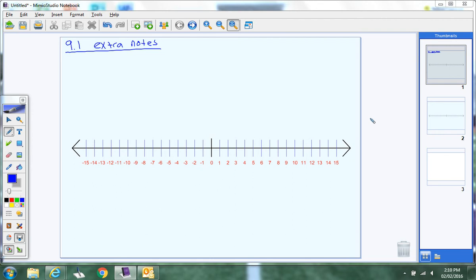So as requested, I got some 9-1 extra notes for you guys, looking at some of your questions. The main things that were asked were more about symbols, like their different meanings, and I have one I'm going to add to the party, which I think might help.